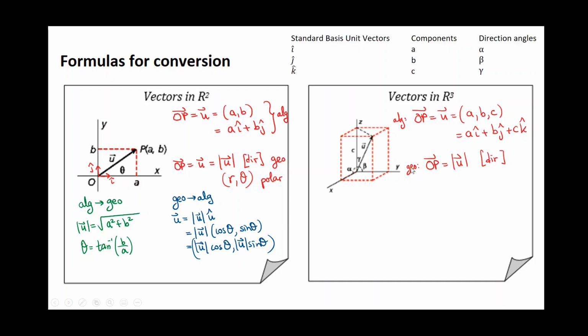The geometric version of the vector is as before. We have the magnitude and then the direction quoted. In terms of the direction that we would quote with alpha, beta, gamma, you do not need all 3 of them. 2 of them will be sufficient. Just like in 2 dimensions, if we have this angle theta, which is close to the x-axis, there is another angle from the vector to the positive y-axis.